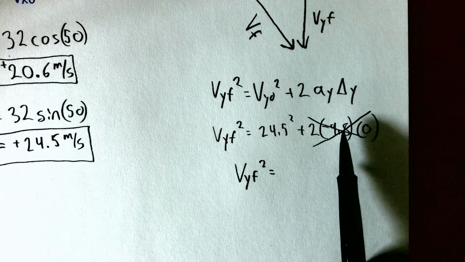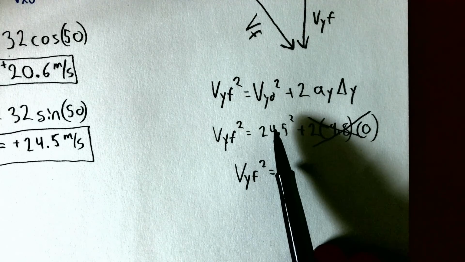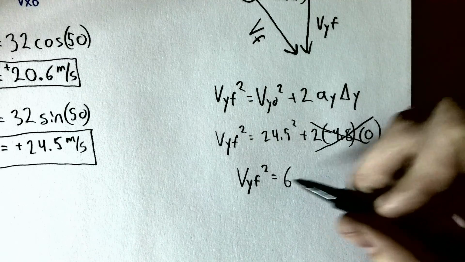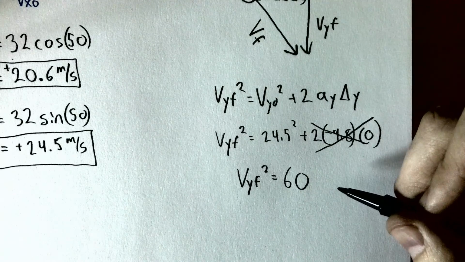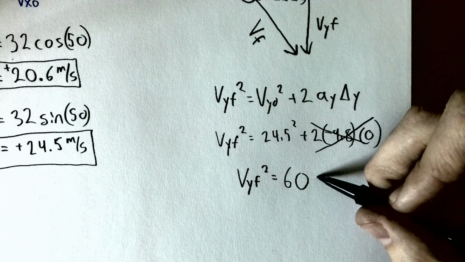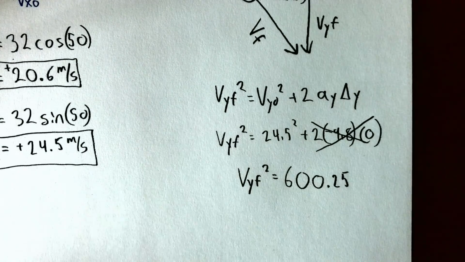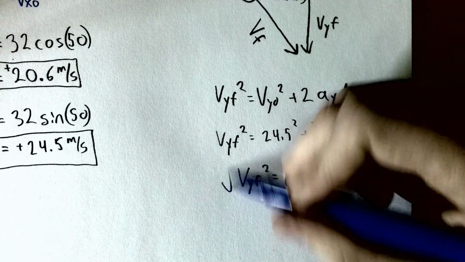So 0 times 9.8 times 2 is just 0. So we'll have whatever 24.5 squared is. So we're squaring this number. Maybe you don't need to write this down if you understand what Megan's saying there. She's right. So we just squared 24.5, and then we're going to square root it again.